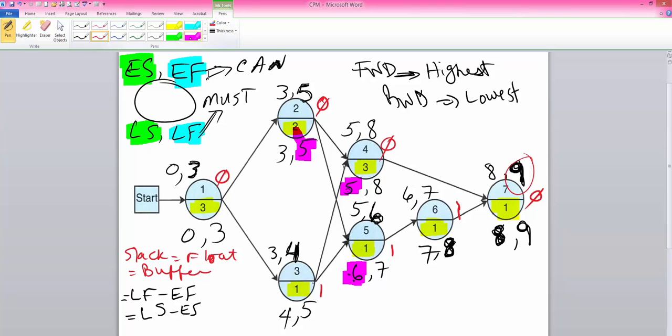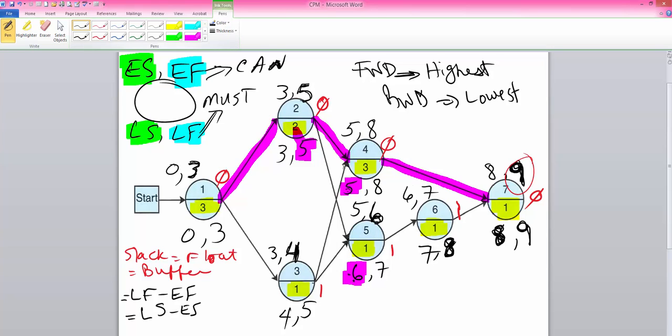The critical path is comprised of all those activities that have a slack of 0. And that means that if we slip up or we mess up in any of those activities, then the project will be delayed beyond its 9-month completion time.